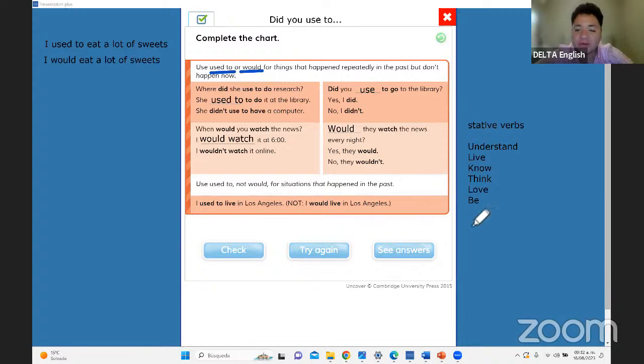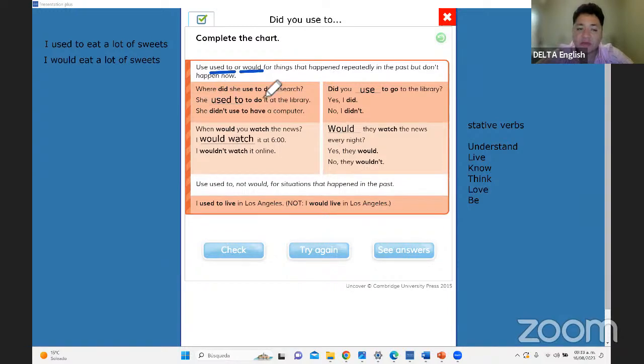So stative verbs cannot be used with would. If you want to be very sure that you won't make a mistake, then you can always use used to. And you use would only when you don't want to be redundant, because that's the use. That's why we're learning both of them.